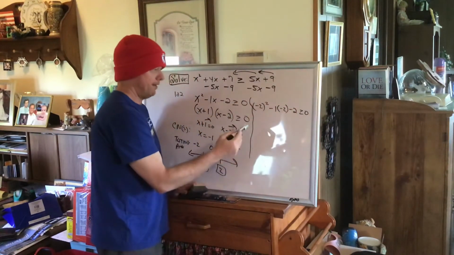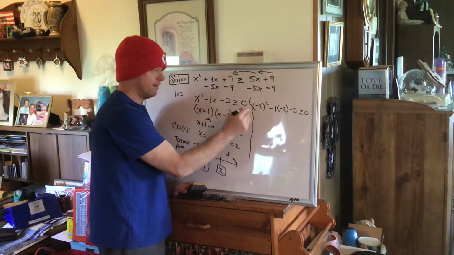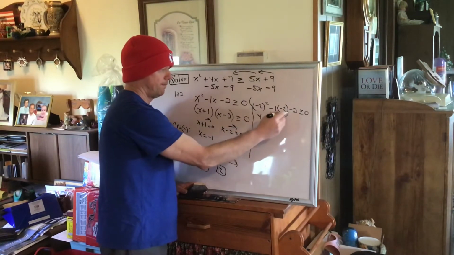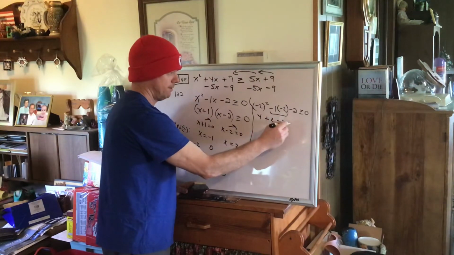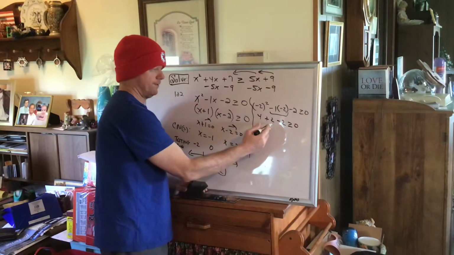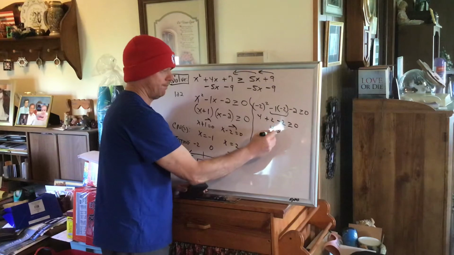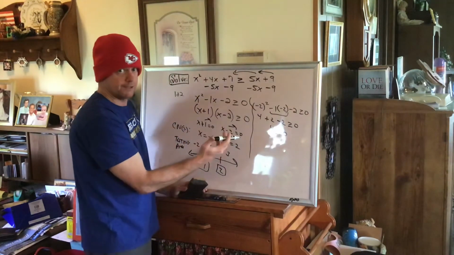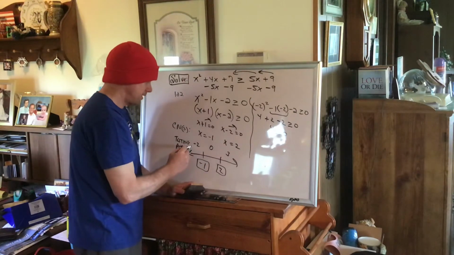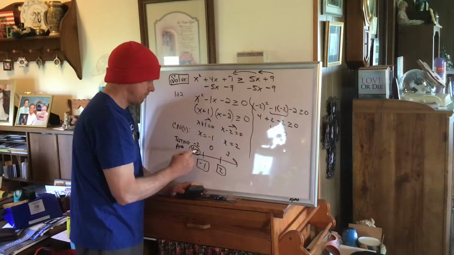I do my math: negative 2 times negative 2 is 4. Negative 1 times negative 2 is a positive 2. 4 plus 2 is 6. 6 minus 2 is 4. I get 4 is greater than or equal to 0. Well, 4 is greater than or equal to 0, so I put a big yes over here.